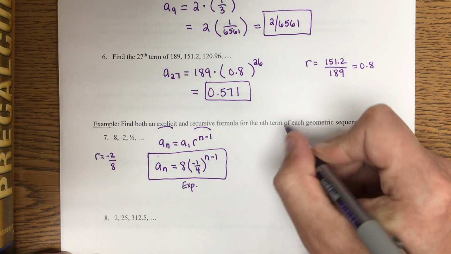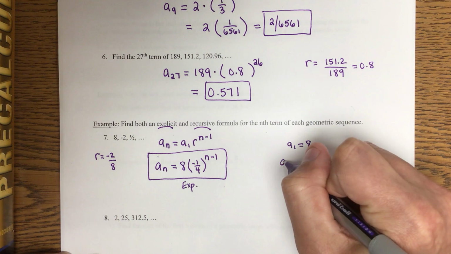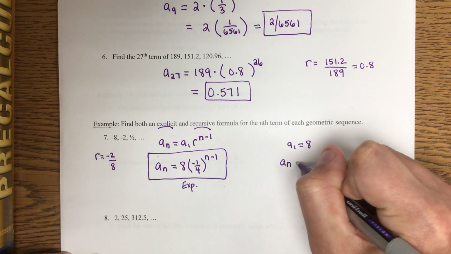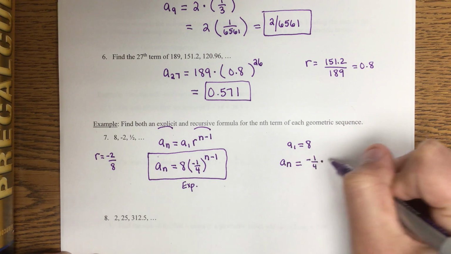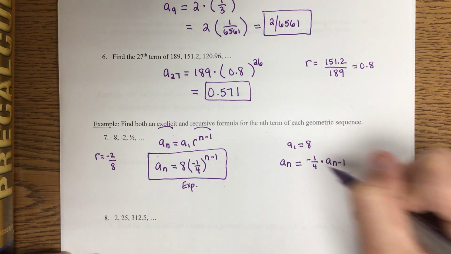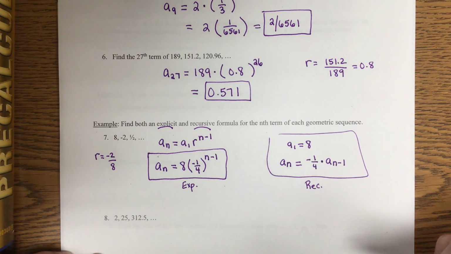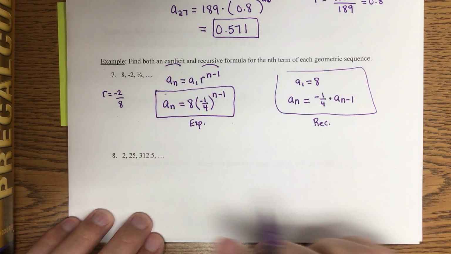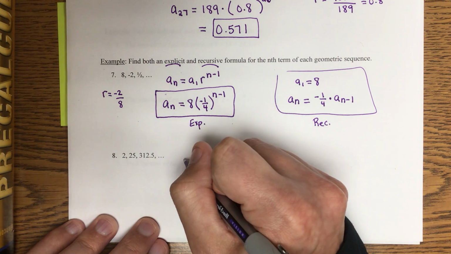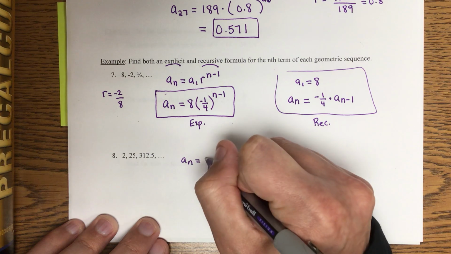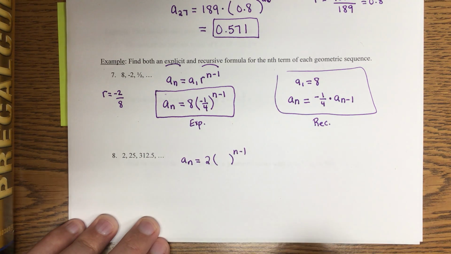The recursive formula would be the first term is 8. The nth term is going to be -1/4 times the term before it. And that's recursive. All right. Number 8 here, we have a sub n is equal to 2 times something to the n minus 1 power.